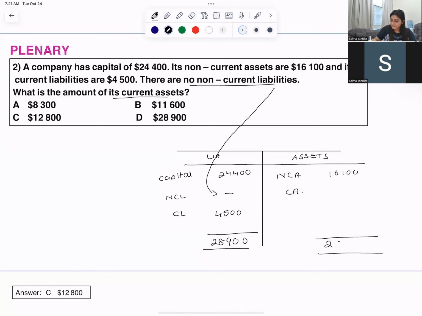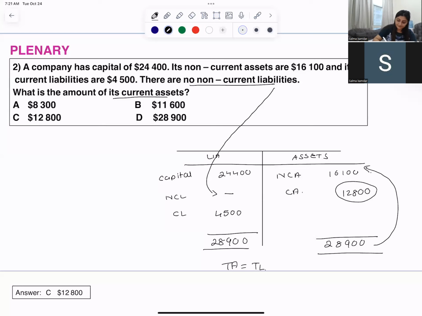Same amount, I will write it on the asset side, because total assets is equal to total liabilities. From this, when I deduct my non-current assets, I will get my current assets as 12,800. This format of balance sheet also you should know.